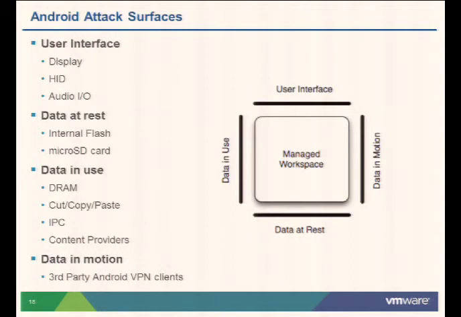The next sort of layer of data that we have to look at from the workspace is the data at rest. So your applications are going to generate and cache small amounts of data that have come in from the network, and we want to make sure that they remain on the device. On Android, there are two storage mediums that we have to worry about. The first storage medium is the internal flash, which is relatively secure itself, but of course you can root the device and be able to access it.